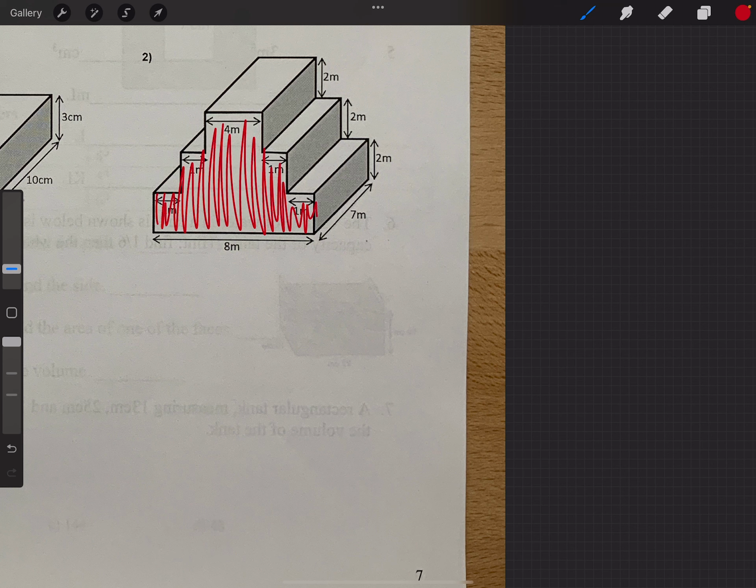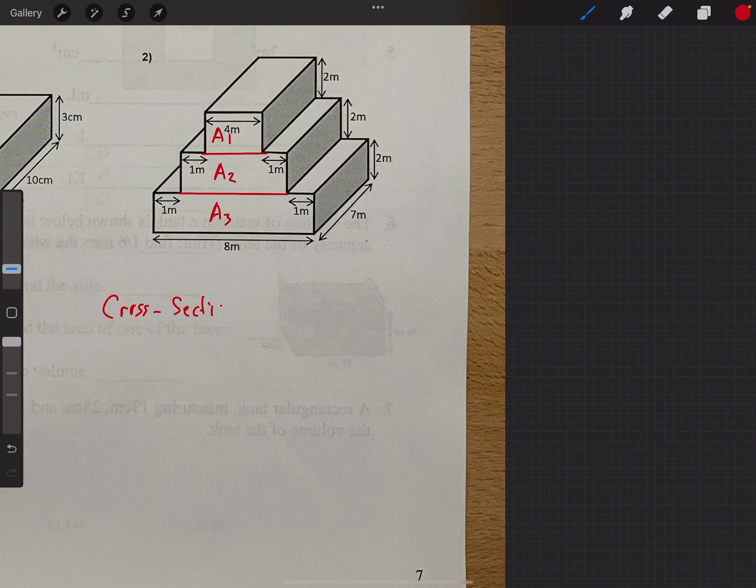So, to find the cross-section area, we're going to divide this into 3 rectangles. Let's call them A1, A2 and A3. The cross-section area, or let's call it CSA for short, is equal to A1 plus A2 plus A3.